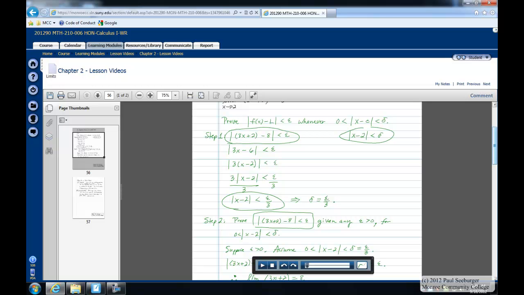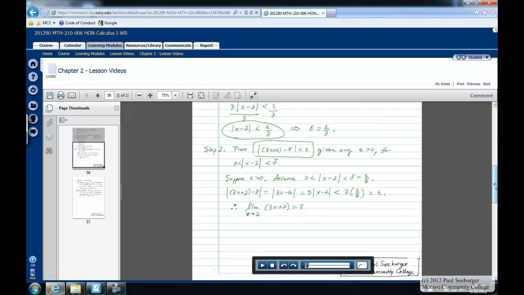We then go through step 2, which is to prove that this is less than epsilon given any epsilon greater than 0 for, actually 0 is strictly less than absolute value of x minus 2 less than delta. This I talk about in the video, but what does it accomplish to say 0 is less than this? Because it has to be a positive number anyway, right, or a non-negative number, although it could be 0.